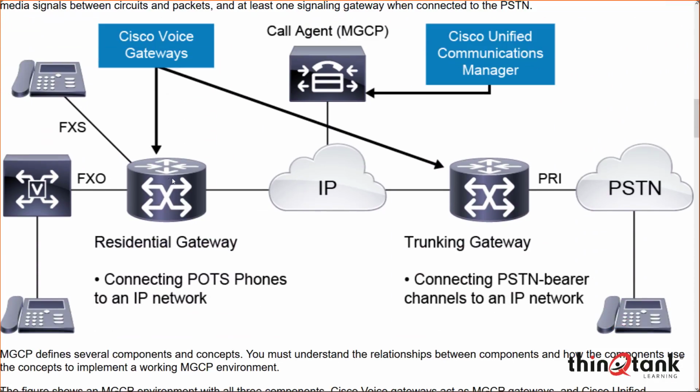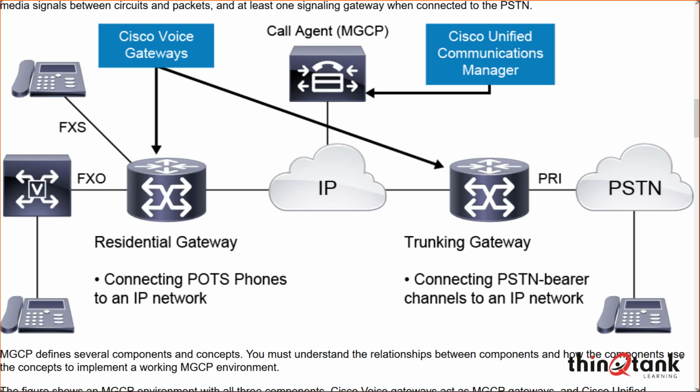So, all right. Now, as far as where the gateways sit in our environment, really anywhere, it doesn't matter, as long as they have IP connectivity to the call agent or the MGCP control agent, Unified Communications Manager. So we can have gateways at each location.